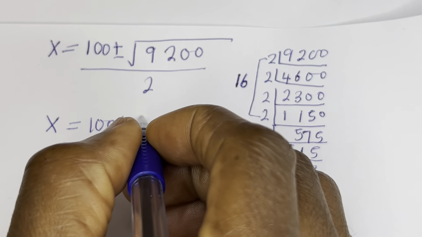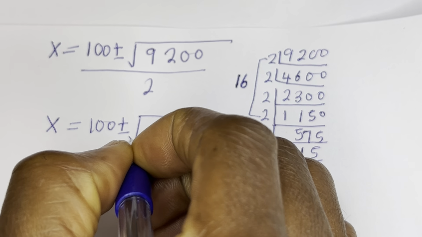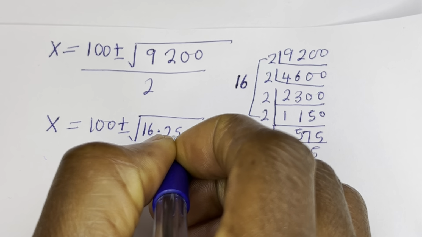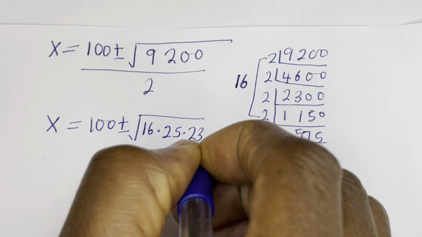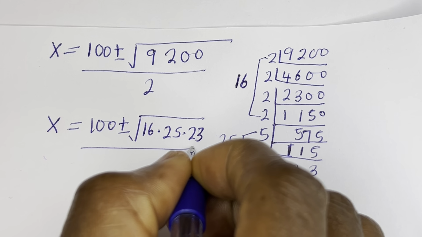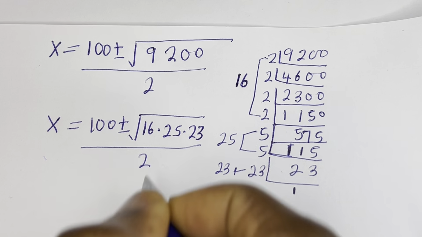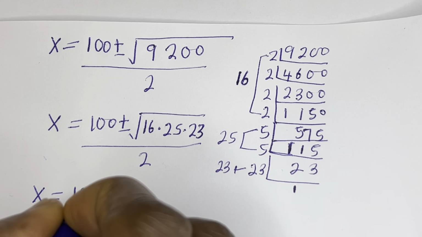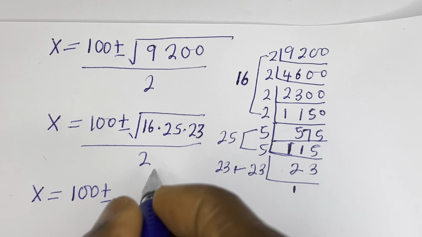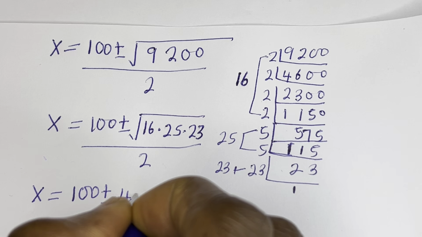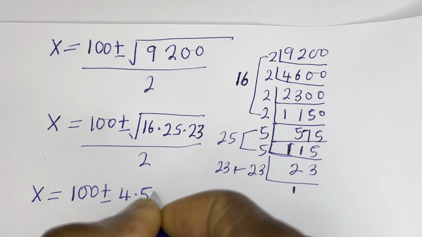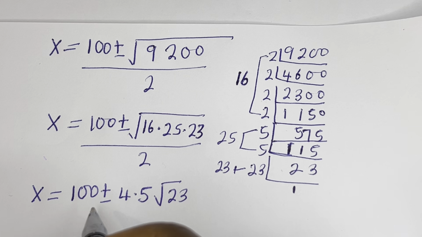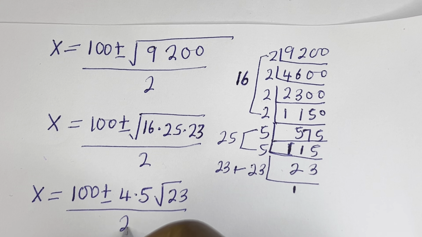So here will become square root of 16 multiplied by 25 multiplied by 23, everything over 2. Now x will be equal to 100 plus or minus square root of 16, that is 4, multiplied by square root of 25, 5, then root 23 over 2.